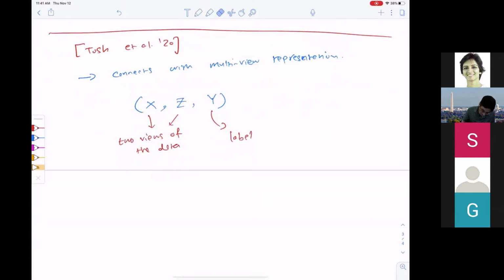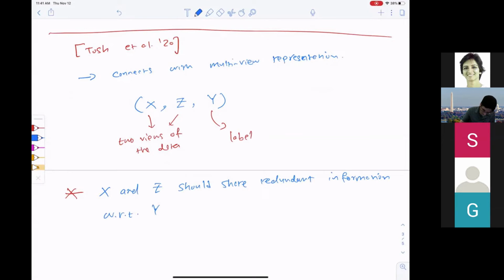Okay, so the key assumption that they have is that X and Z, the two views that we have, should share redundant information with respect to the label Y. So what do I mean by that?